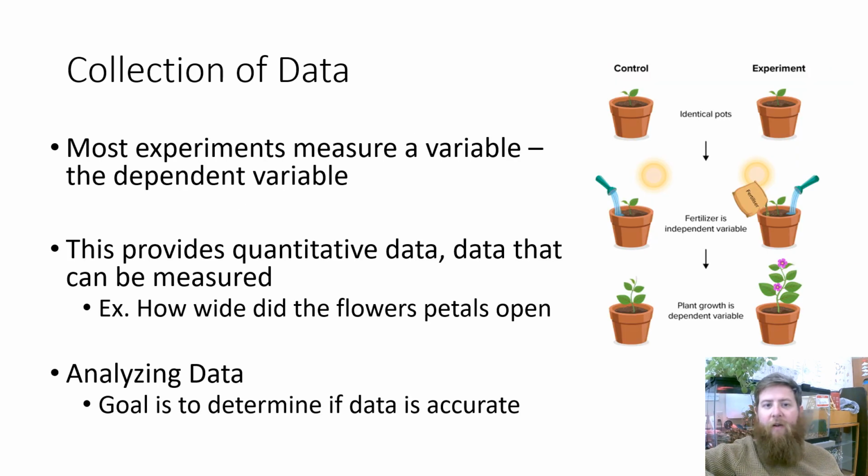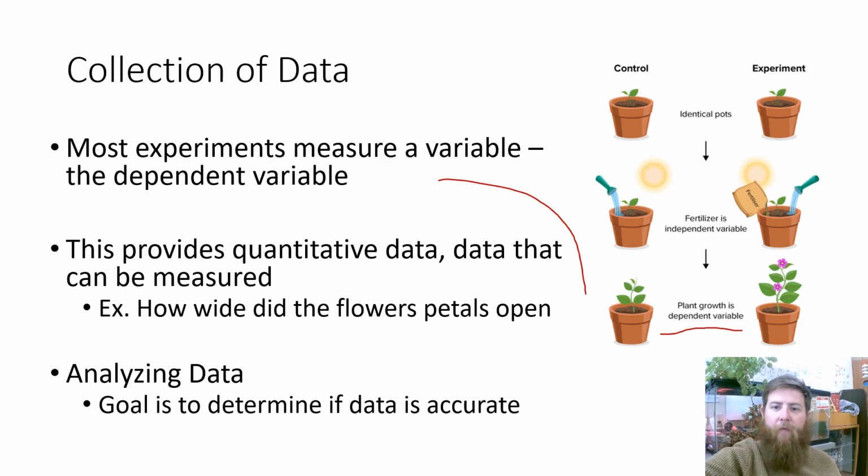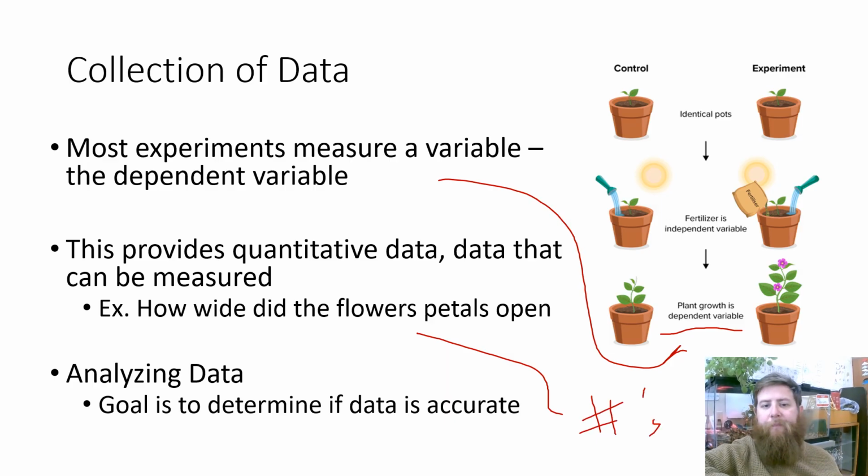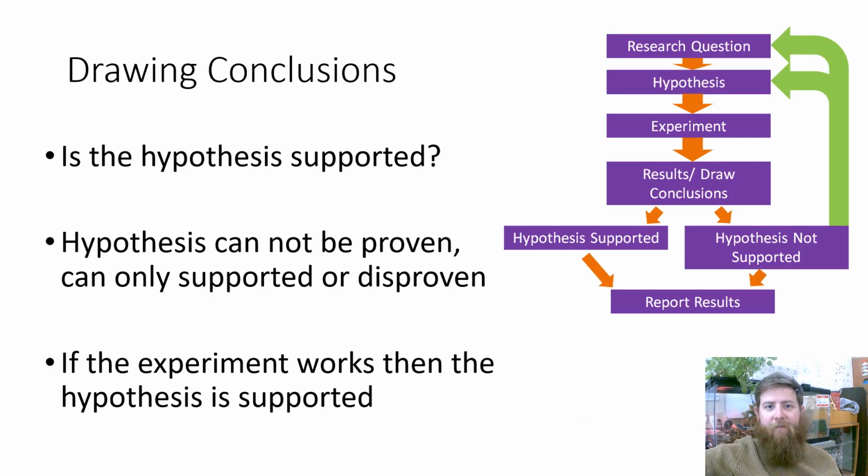Collection of data: most experiments measure a variable, that's the dependent variable. And we try to do quantitative data, data that can be measured by the numbers. And then the analyzing part of this is to determine if data is accurate, reproducible, and of value to science.